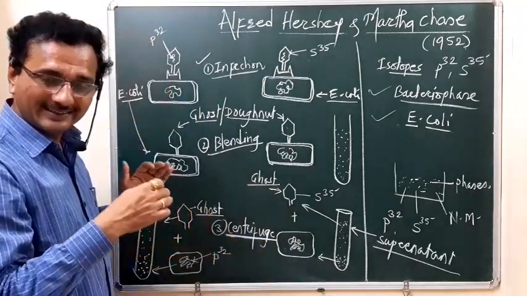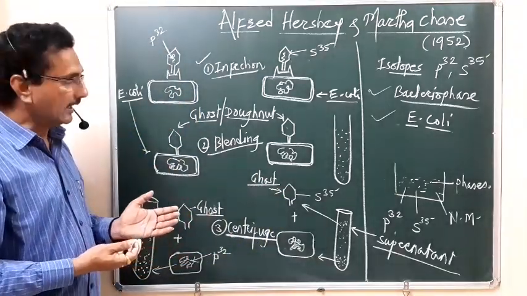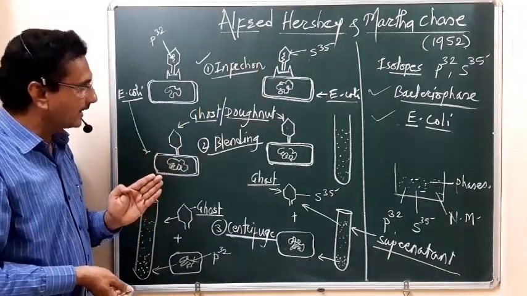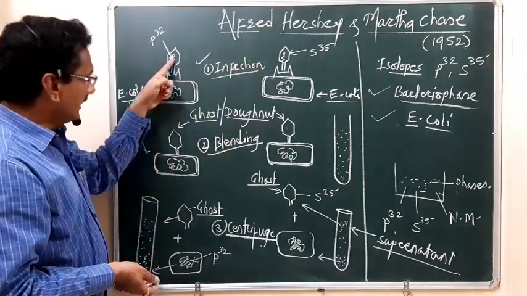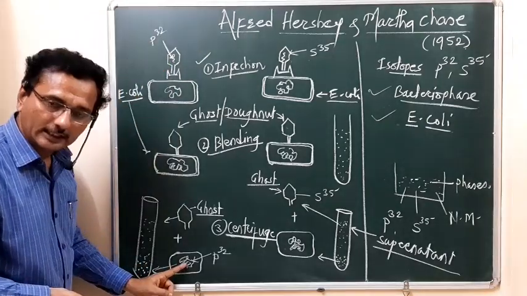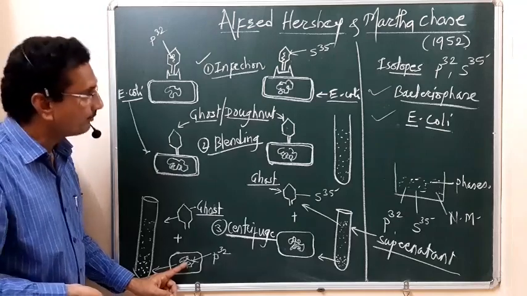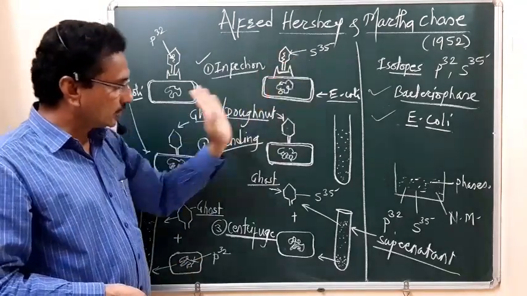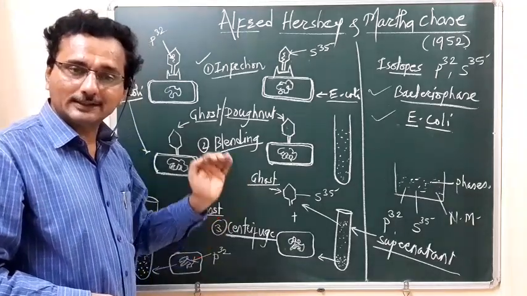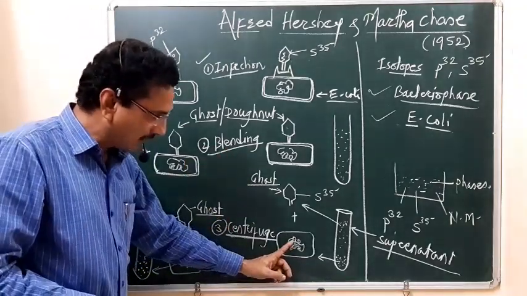So Alfred Hershey and Martha Chase concluded that DNA acts as the genetic material, because the DNA enters the bacterial cell, and the protein is not the genetic material, because the protein never enters the bacterial cell.